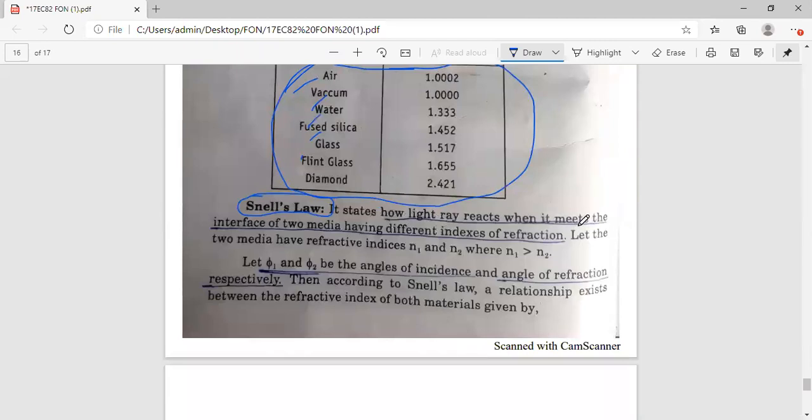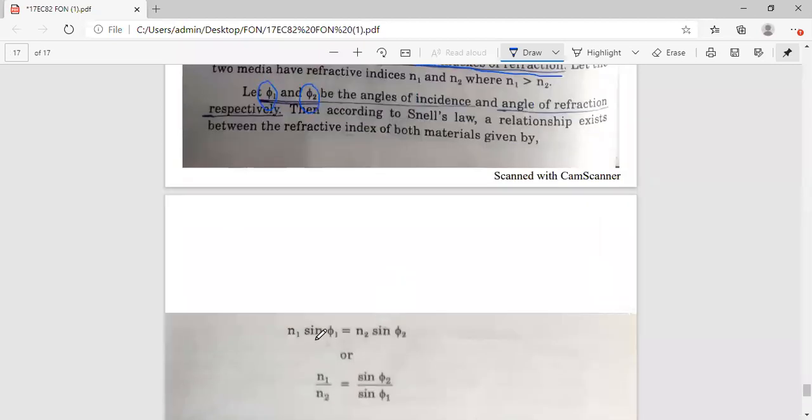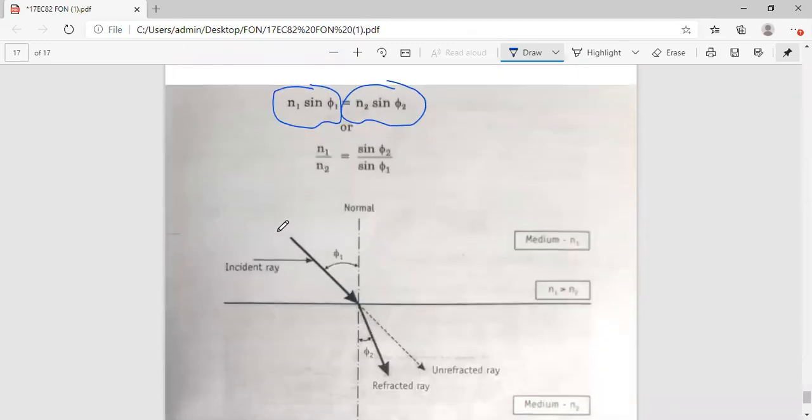Snell's law describes how a light ray reacts when it meets the interface of two media with different indices of refraction. If phi1 and phi2 are the angle of incidence and angle of refraction, then from Snell's law, n1 sine phi1 is equal to n2 sine phi2, or n1 by n2 is equal to sine phi2 by sine phi1.